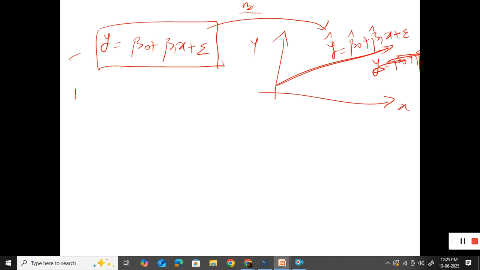Number one, it is a supervised machine learning algorithm, and using it we can fit a straight line.